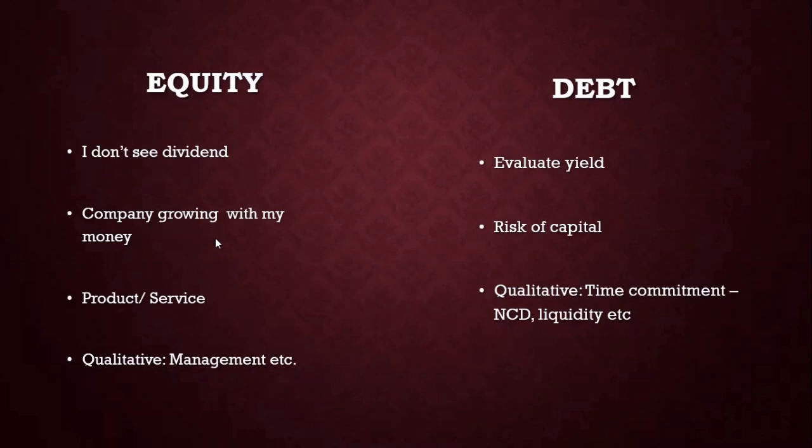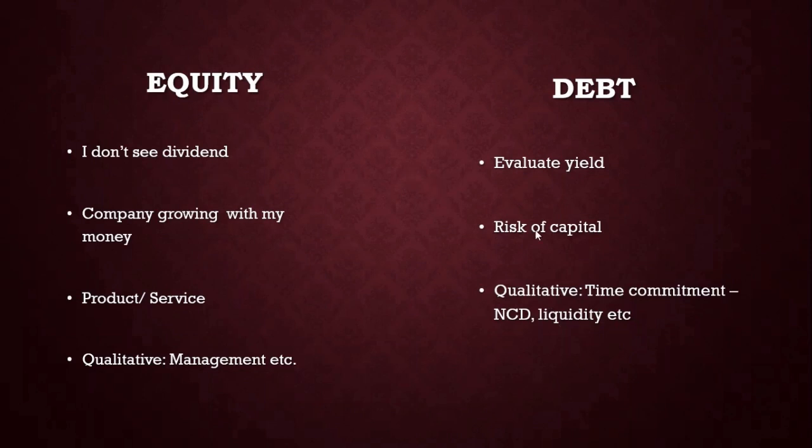So when we talk about equity, we say that I don't see dividend. The company is growing with my money in case it doesn't give dividends, so it's reinvesting in it. And the product and service is also what I evaluate when I do equity investing, and the qualitative factors like management, etc. In debt, the basic criteria is when you evaluate yields and risk of capital. Of course, there are the timelines in terms of how qualitatively the instrument would work for you, time commitment, liquidity, and so on.